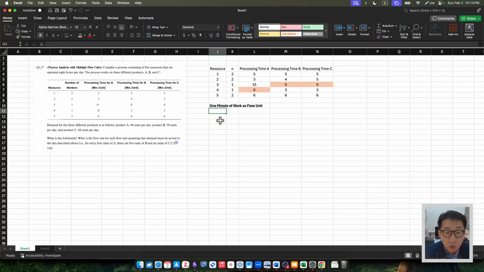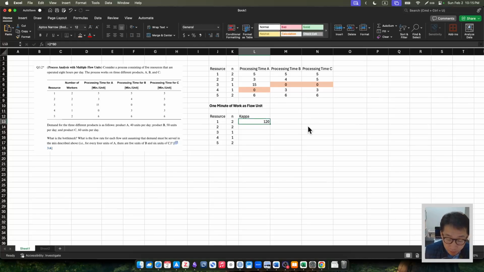Okay, so we have 5 resources with this many machines in each resource, with a different processing time for each flow unit. Since we consider 1 minute of work as a flow unit, I'm going to add our capacity, kappa, for each resource.